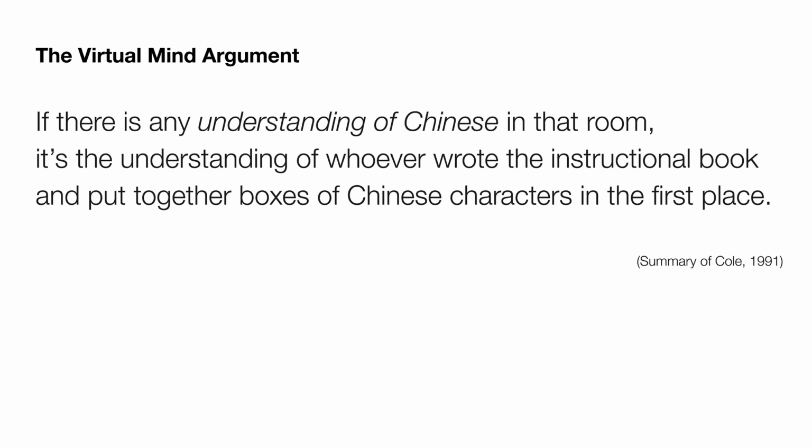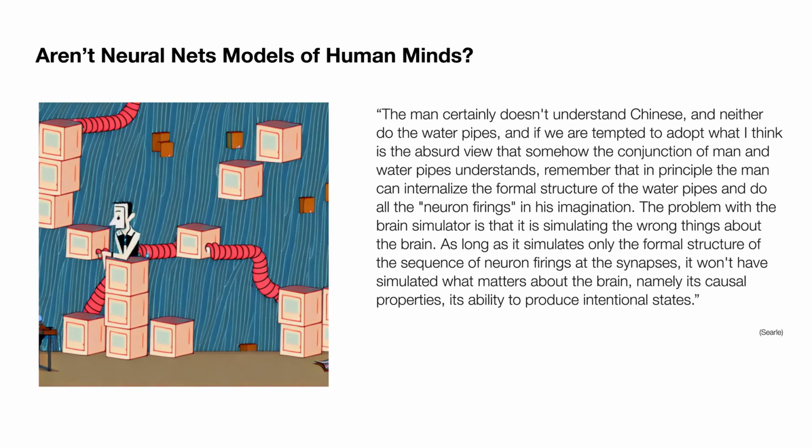Another argument comes from those who defend neural networks as metaphors for the human brain. Because humans can understand, and because the neural networks are modeled on human brains, the argument is that the process of translating Chinese through a neural network is much closer to human understanding than Searle is giving it credit for. Searle addresses this too. He proposed that the human in the room was now activating a series of pipes.